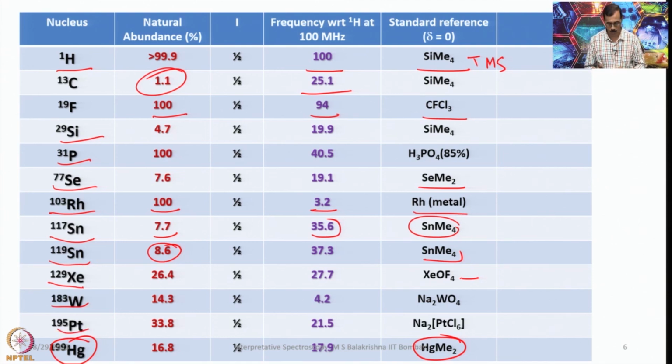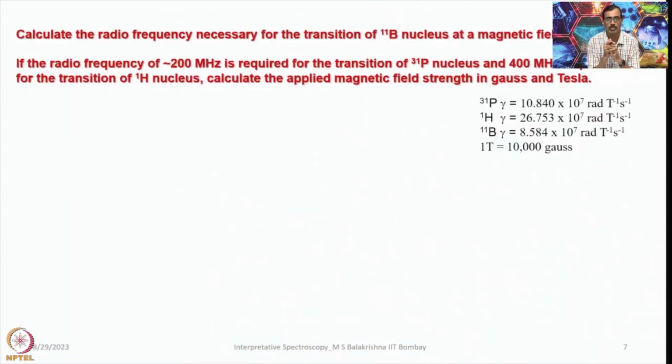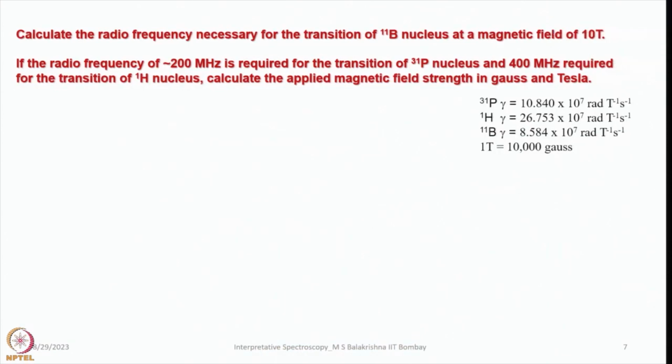All these corresponding frequencies are given here, and this gives you an approximate ratio. From that, if the frequency is known for hydrogen, you can calculate the corresponding frequency for other nuclei. I have also given the standard references for some of these nuclei used in NMR.